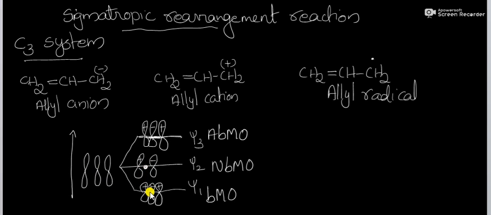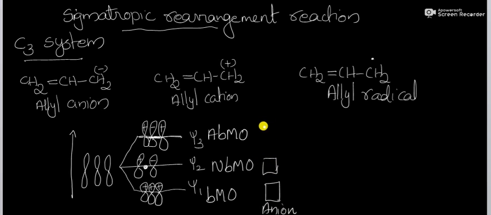Here the symmetry is plus plus plus for Psi1, plus minus for Psi2, plus minus plus for Psi3. Then consider the case of allyl anion, which will be HOMO, which will be LUMO. In the case of allyl anion, the total number of pi electrons involved is 4.